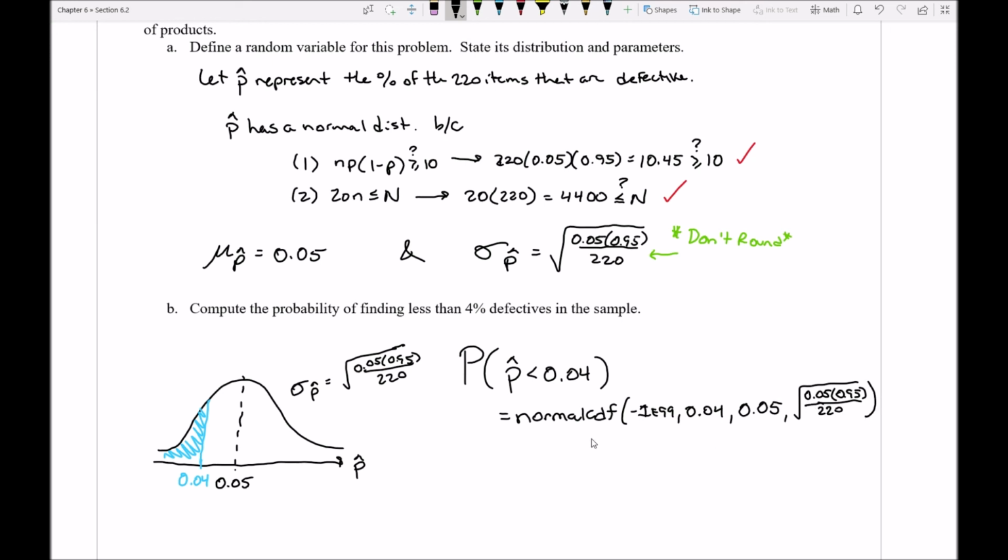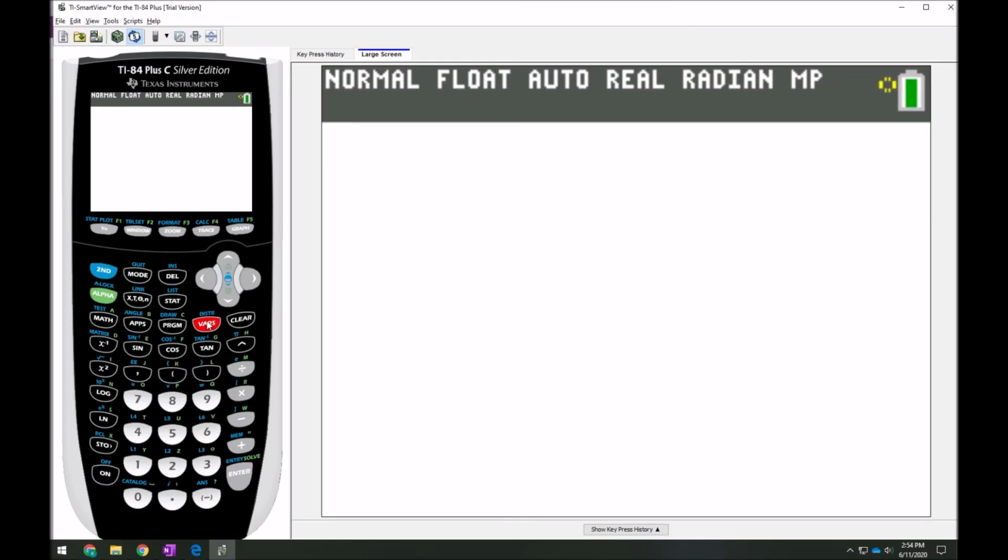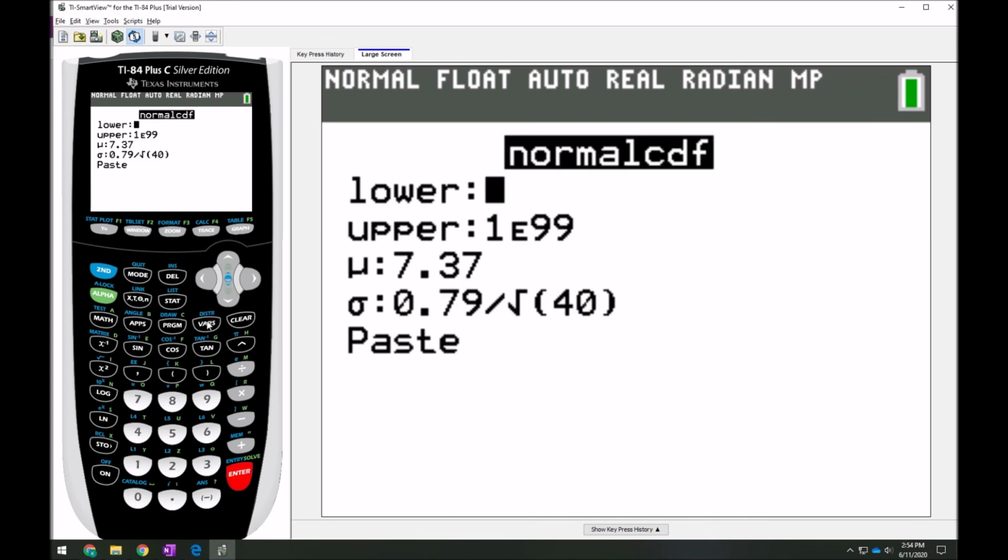When I have all of that in, I can go to the calculator and actually crunch this. I'm going to do it right now just to see what I would end up with. Okay, so I'm going to click on second, vars, normal CDF. I'm going to do -1E99. I'm going to go to 0.04. Average is 0.05.